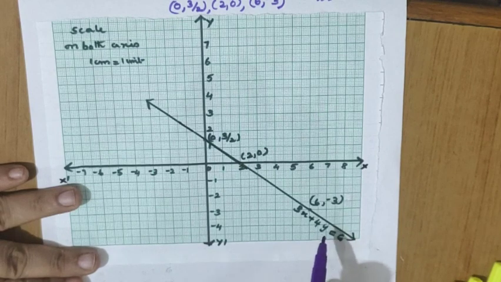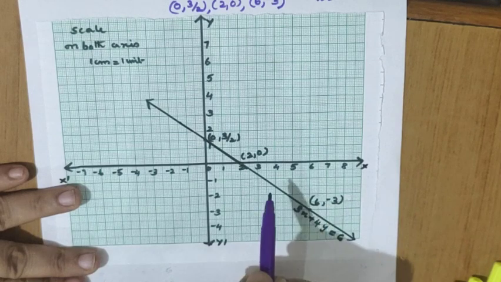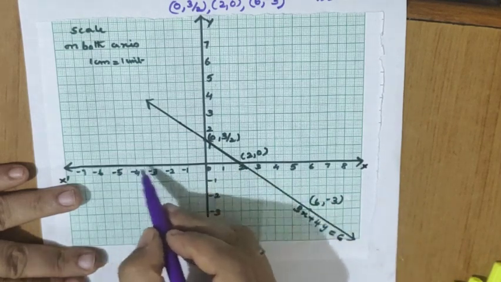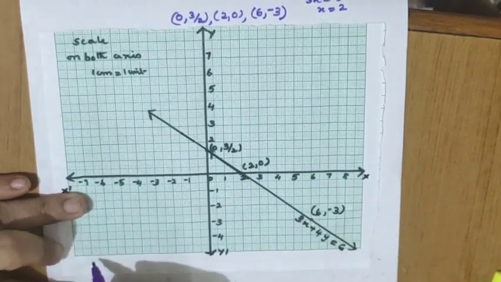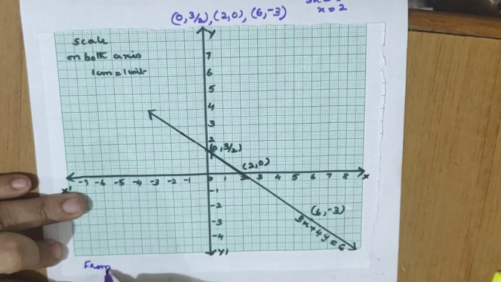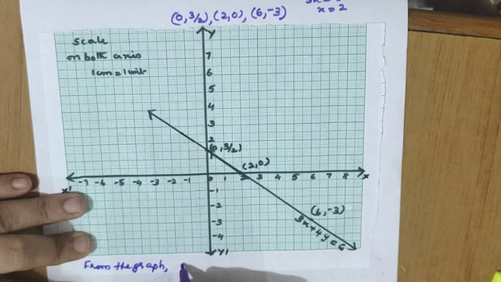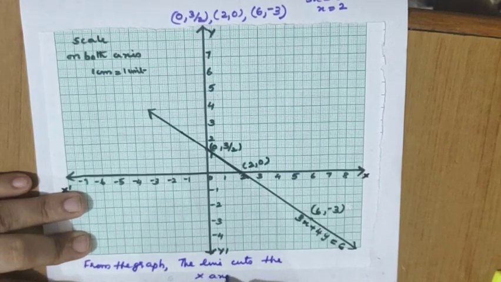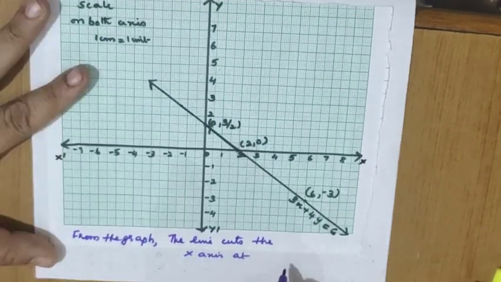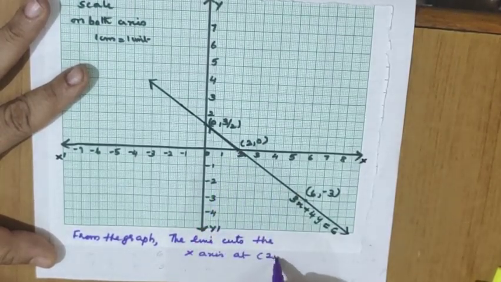Now here one more sub question is asked: where the line meets the x-axis and y-axis. See that one, the x-axis it is cutting at which point? 2 comma 0. So from the graph you should write, from the graph what we understood, the line cuts the x-axis at which point, 2 comma 0.